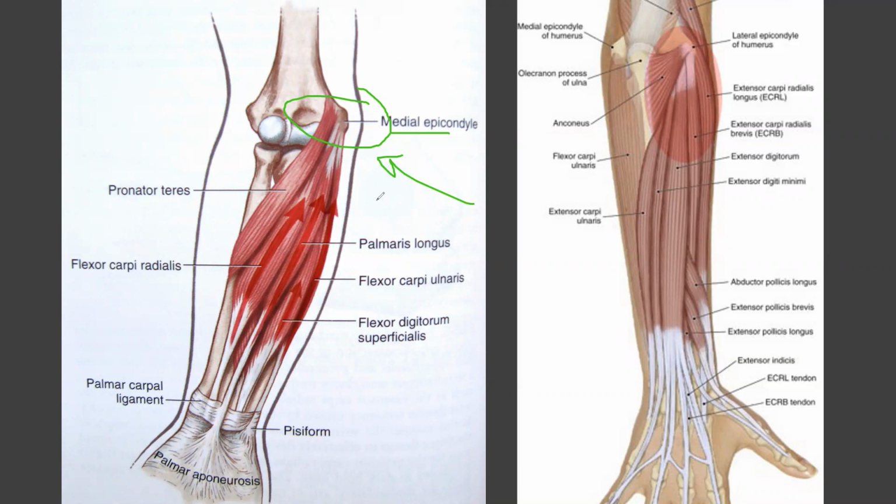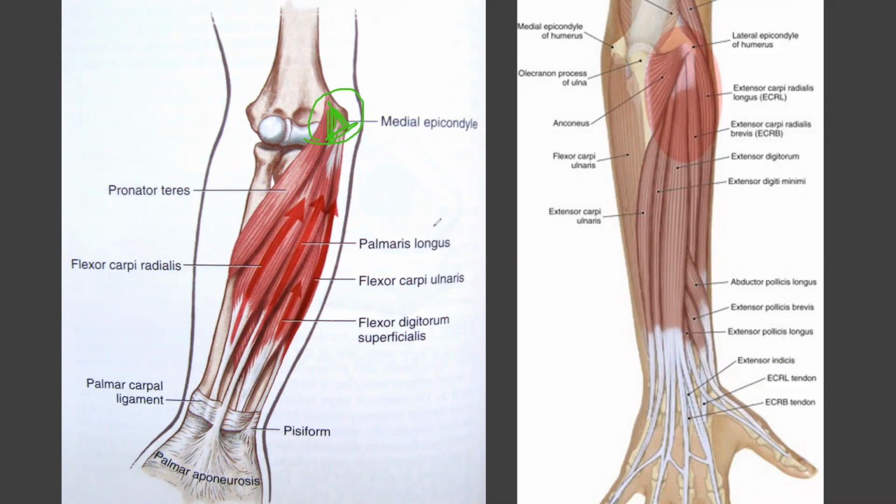Remember that your UCL is a kind of triangular type ligament, so it has to hold all of these in place, and it makes for a very tight fit.